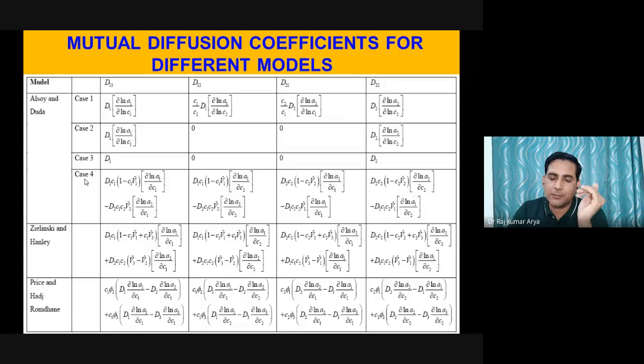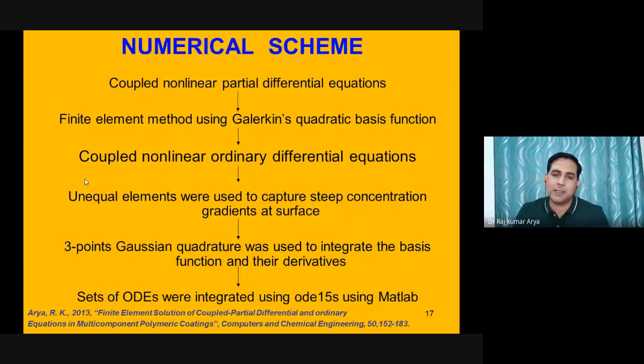So in this work, we solved this by Galerkin's finite element method. What we have here are coupled nonlinear partial differential equations. Now, for partial differential equations, you have to think how we can solve them, because in UG courses we are taught only to solve ODEs by the Runge-Kutta method, Euler's methods, and so on.